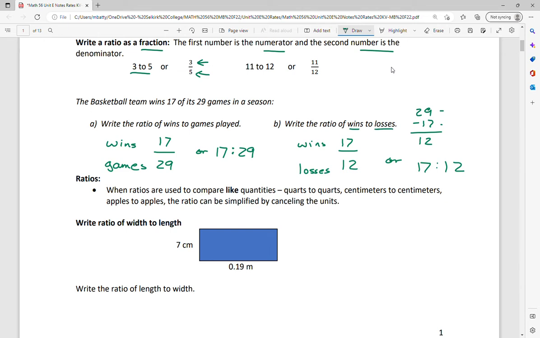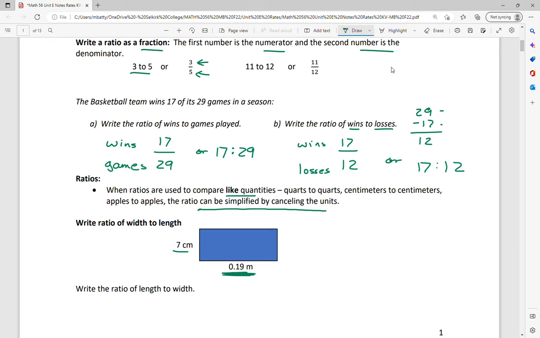Ratios, when they're used to compare like quantities, so quarts to quarts, centimeters to centimeters, apples to apples, the ratio is simplified by canceling the units. So here we have a rectangle, and we want to write the ratio of width to length. So width to length, somewhat arbitrary on that.